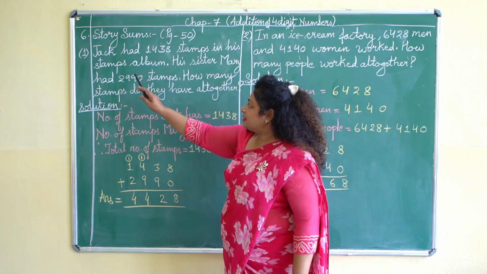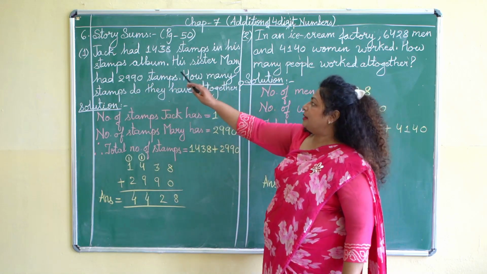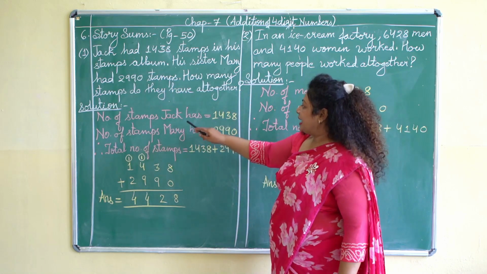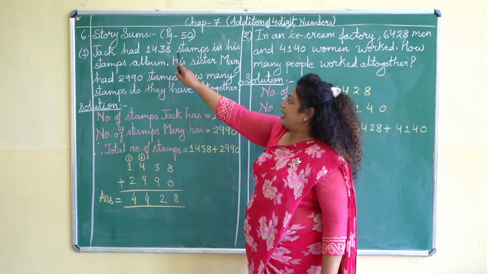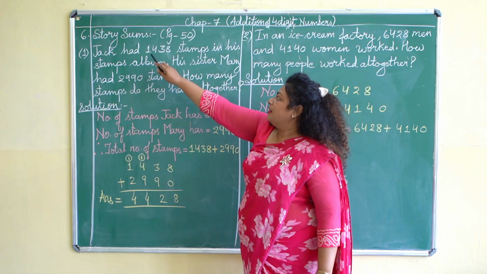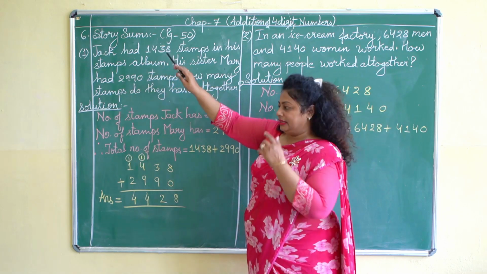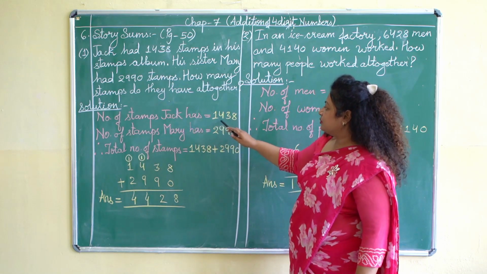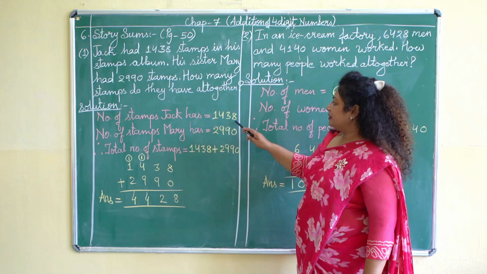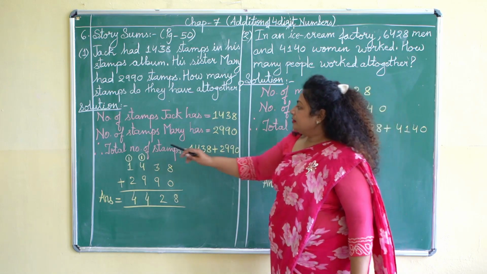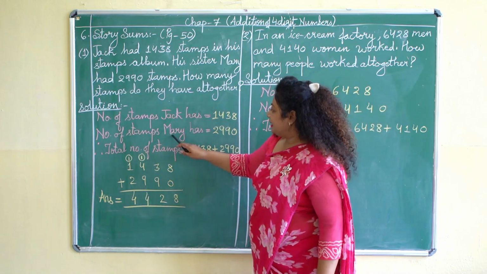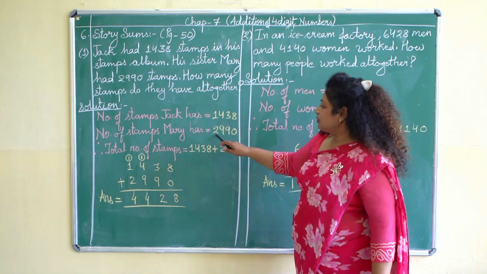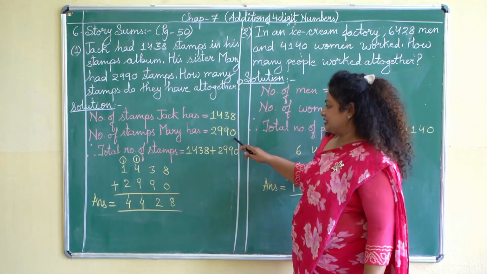The first statement we have to write about Jack: number of stamps Jack has. How many stamps Jack has in his stamps album? 1438. So number of stamps Jack has is equal to 1438. Now number of stamps Mary, that is Jack's sister, has 2990.